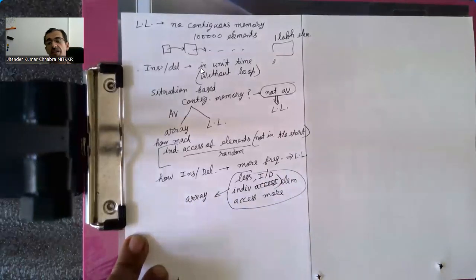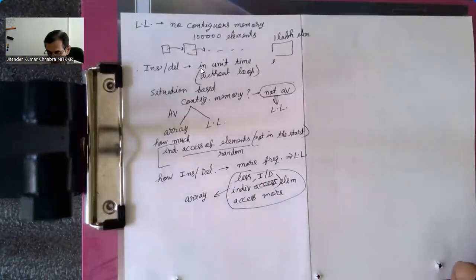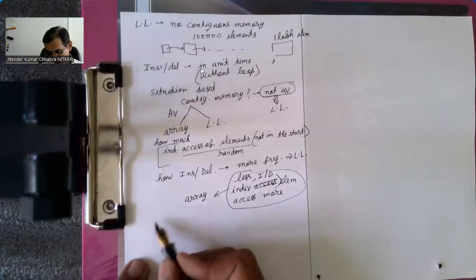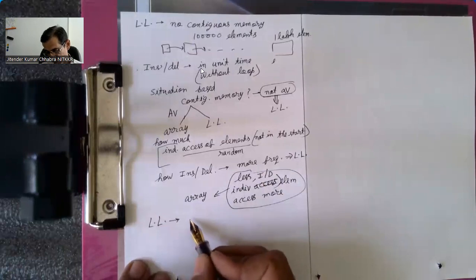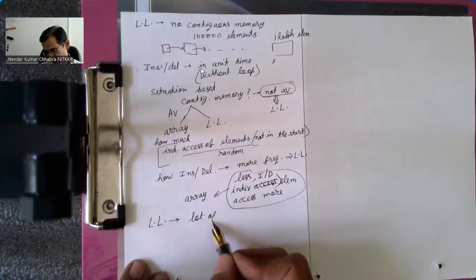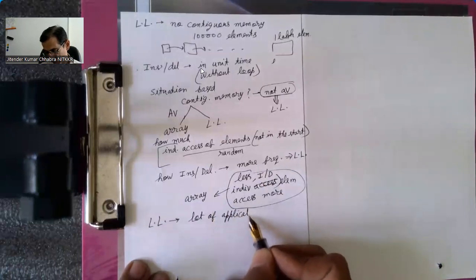So accordingly, you will decide. But of course, memory must be available, and if memory constraints come, then there is no choice. Well, having said that, I know linked list has its own utilization. A lot of applications do exist, obviously, and we will be studying them in a lot of detail.